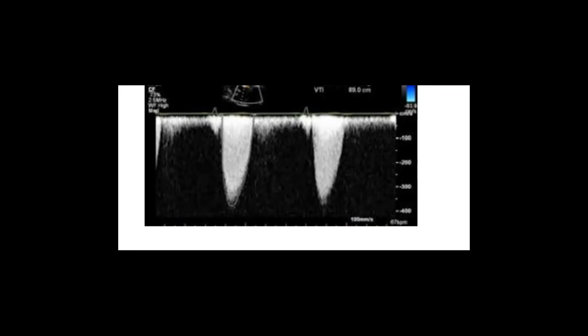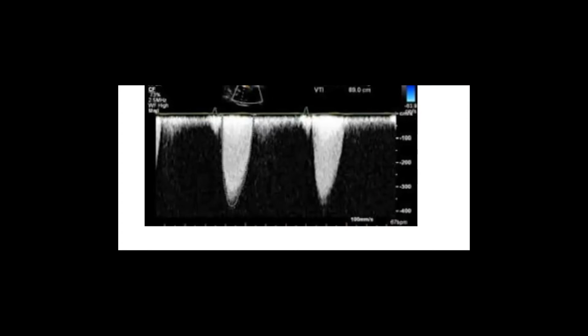Okay, how is the machine going to calculate the mean pressure gradient? It converts the velocity into pressure, and then it will take the mean of it, because every line here demonstrates a different pressure.